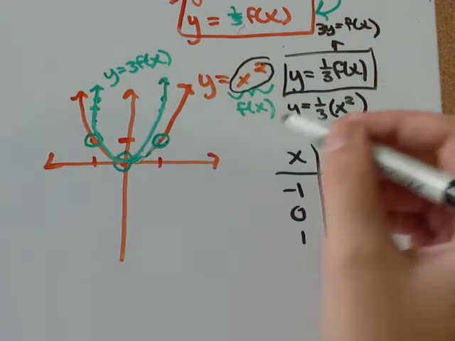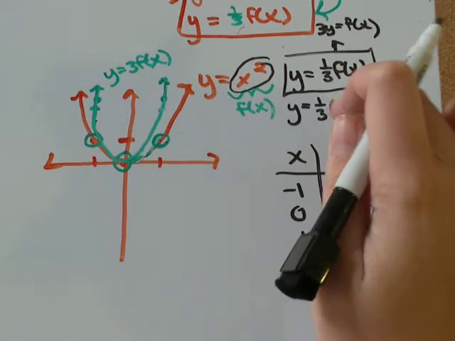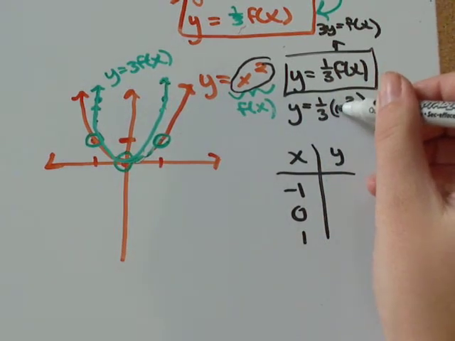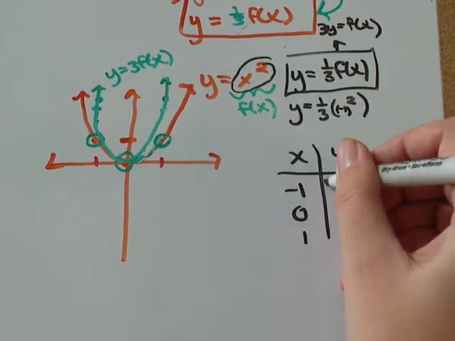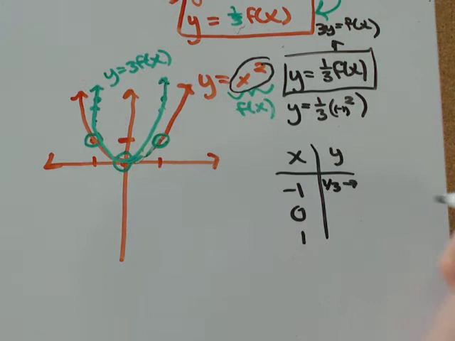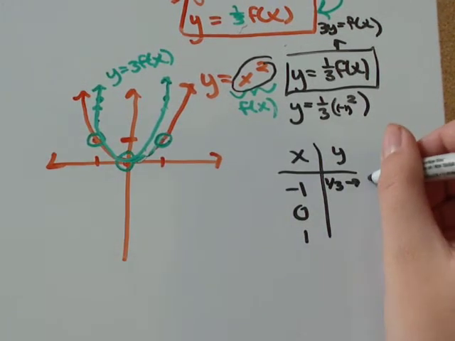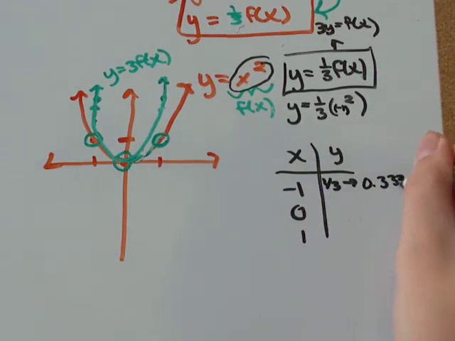So if x was -1, we're going to replace our x squared up here with -1. Now -1 squared is +1 times a third would just be a third, which if you want to think of it as a decimal, is 0.333 repeating.